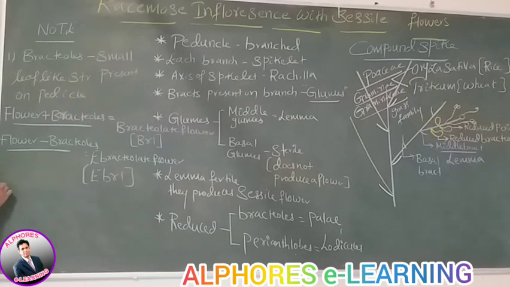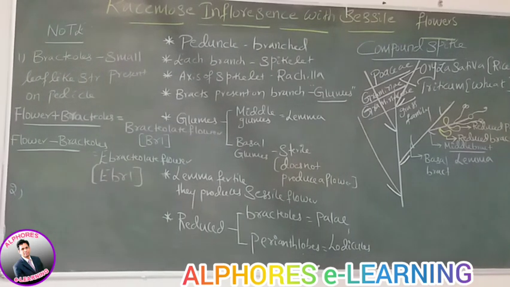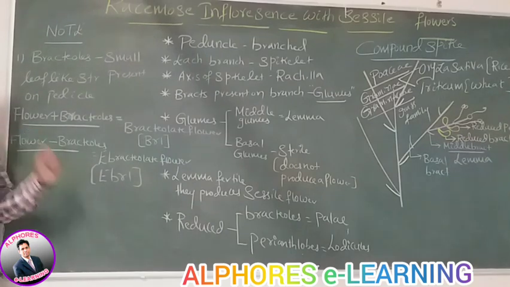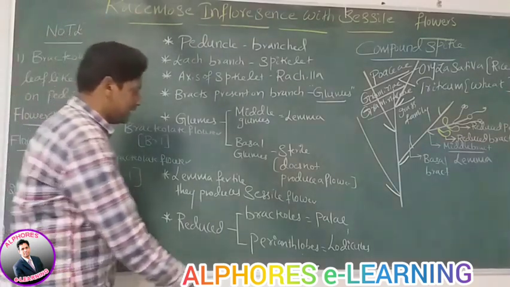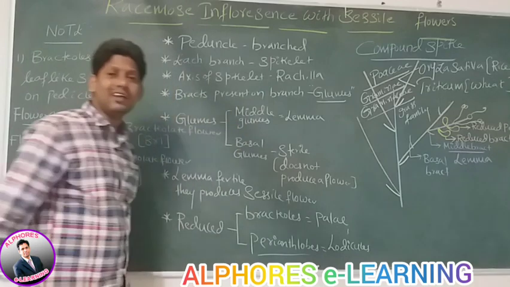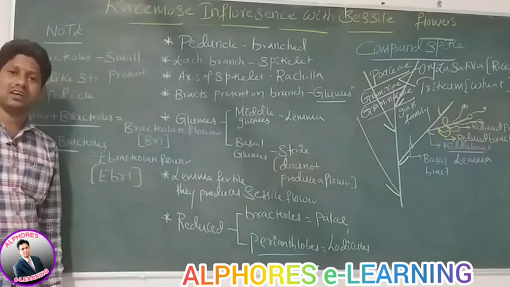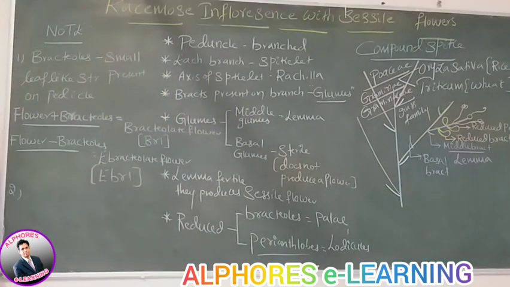Number 2, we are discussing some important statements in the note. What is the meaning of perianth lobes? Undifferentiated calyx and corolla. It means in some cases we can't say that this is calyx or that this is corolla.